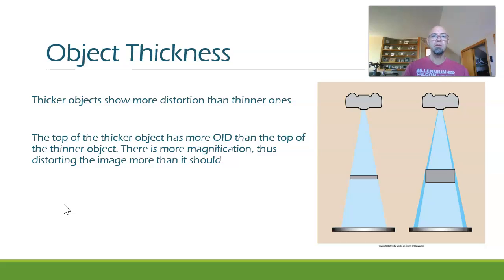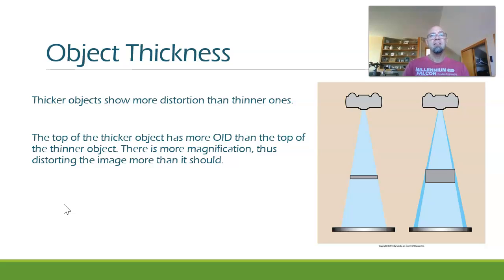You can go on with different examples. If you want to use an asthenic person's abdomen versus a hypersthenic person's abdomen, that's a thicker body part. There's going to be more distortion. There's going to be more magnification of those organs or the intestines that are farther away from the image plate.